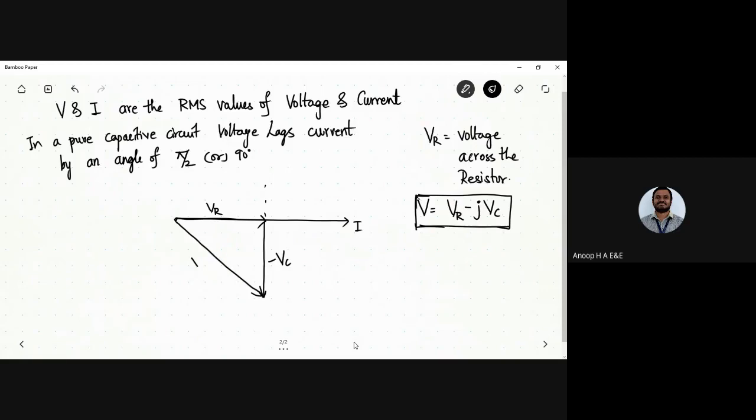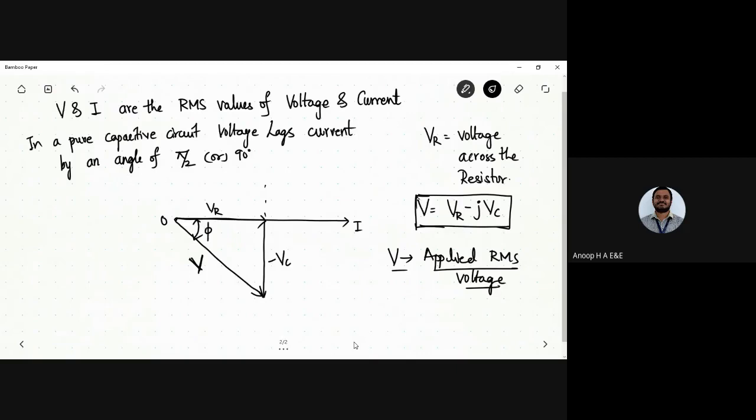This is the expression for the resultant voltage, that is V, the applied RMS voltage. So this is the angle phi.